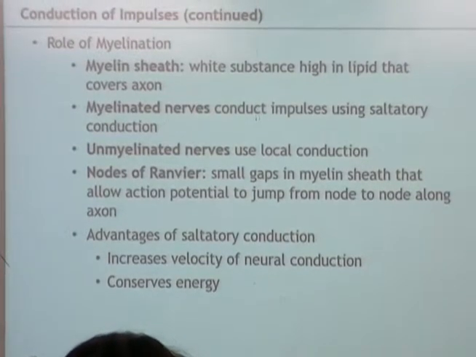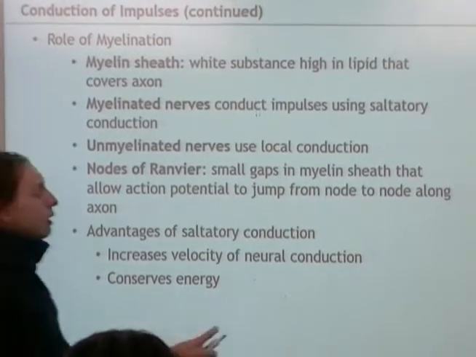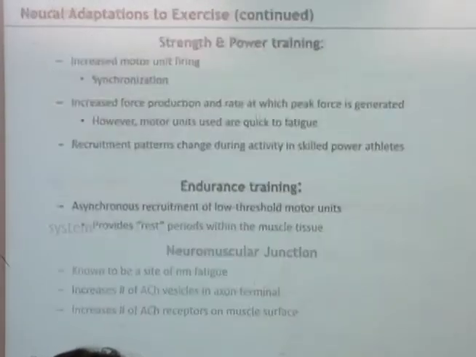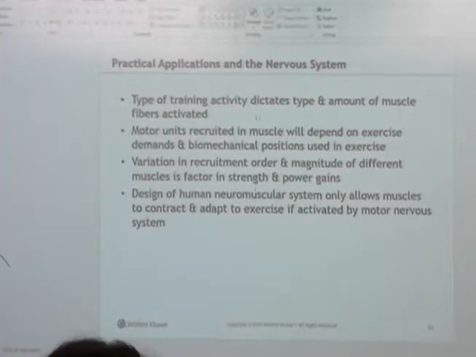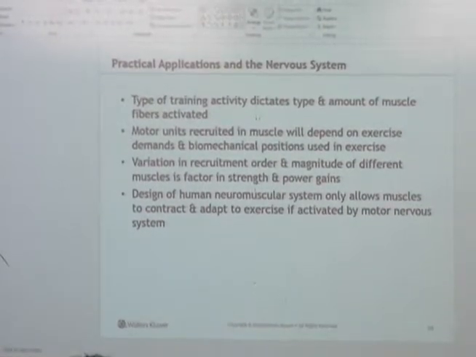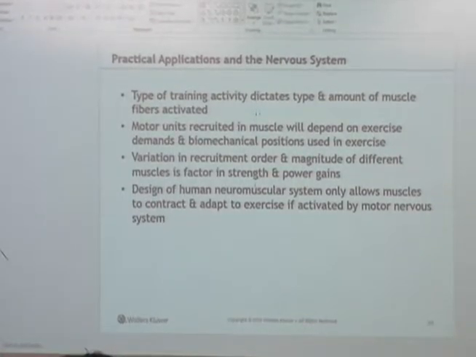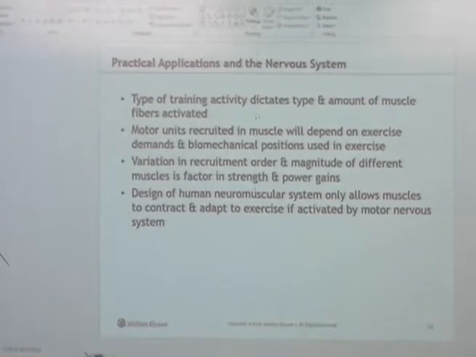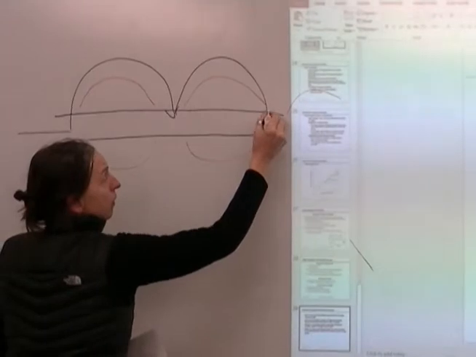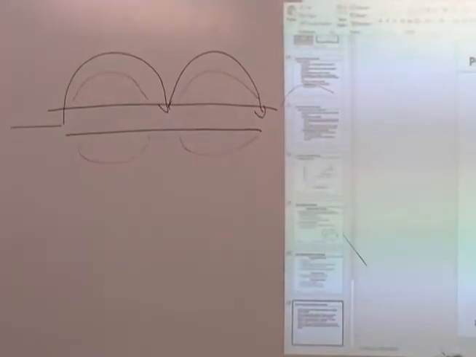So if this is my nerve, and this is my myelin sheath. Okay. Then what we see is the signal comes down and it can jump from here to here. And that makes it faster. Okay.